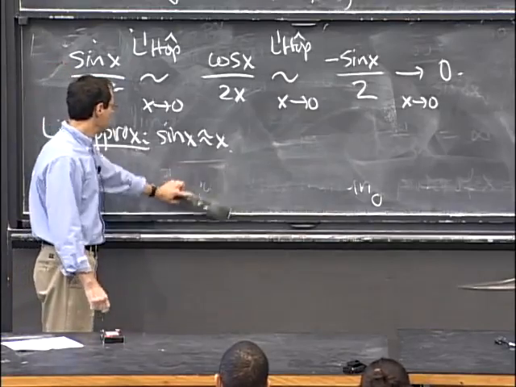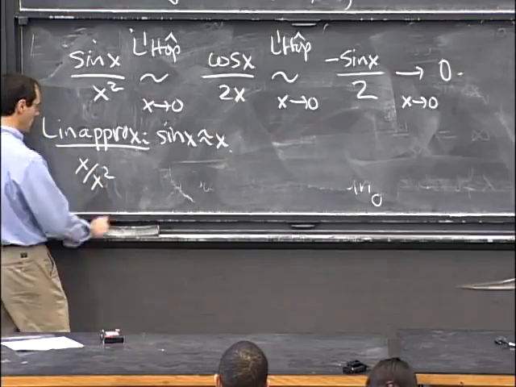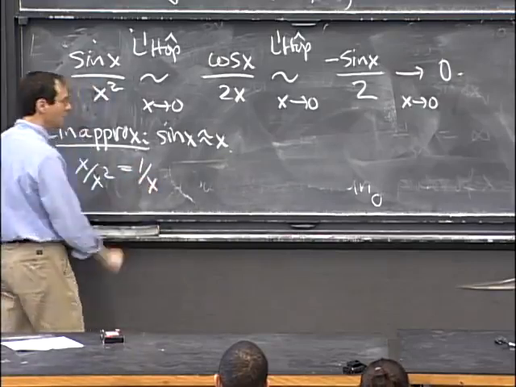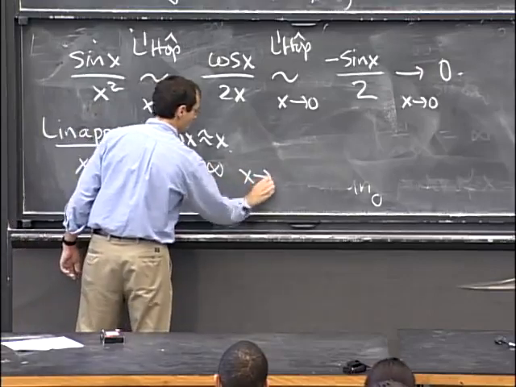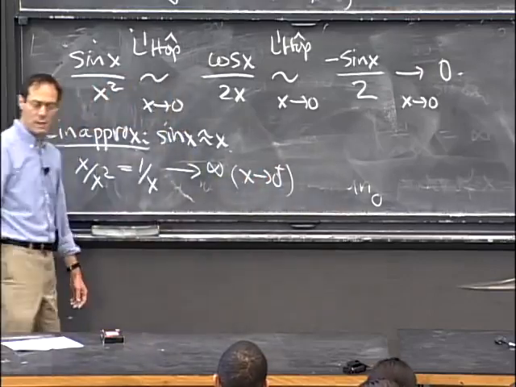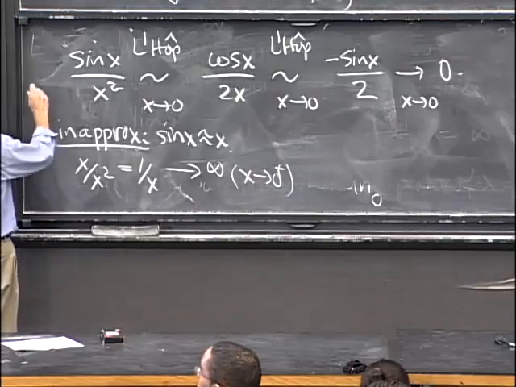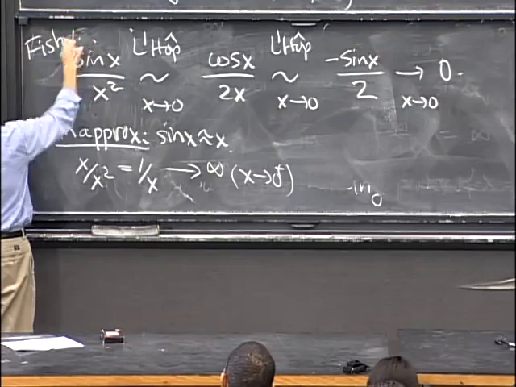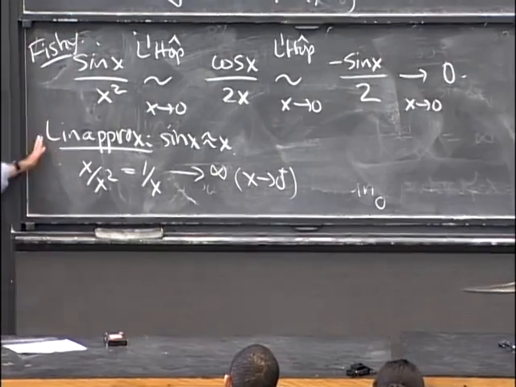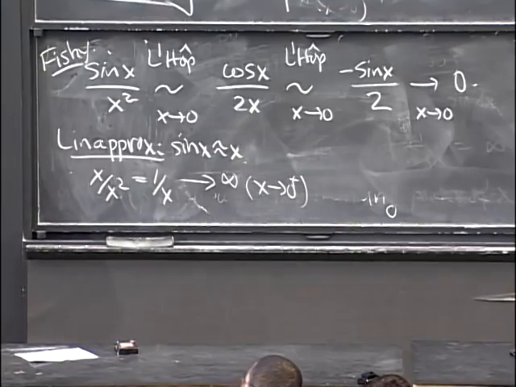So that should be x over x squared, which is 1 over x, which goes to infinity as x goes to 0, at least from one side, minus infinity the other side. So there's something fishy going on here. So this is fishy, or maybe this is fishy, I don't know. So tell me what's wrong here.